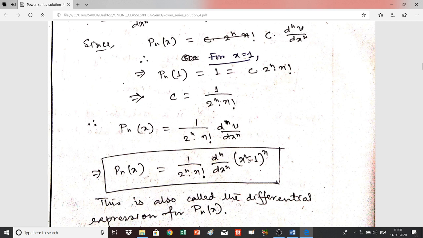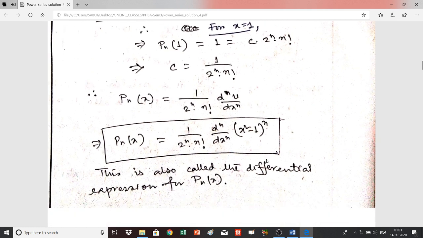You just write here the value of v, that is x squared minus 1. You have taken v equal to x squared minus 1. So finally you get P_n(x) is equal to 1 by 2 to the power n into n factorial, d^n by dx^n of (x squared minus 1) to the power n.